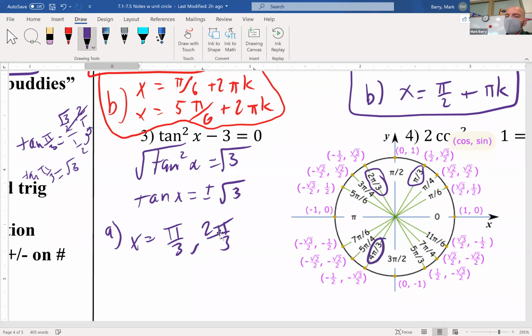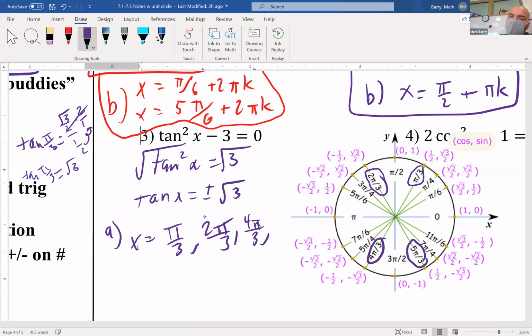If I go down to the third quadrant, 4 pi over 3, you can see is negative 1/2, negative rad 3 over 2. It would create that same fraction that I did for pi over 3, except they'd both be negative. So that one would actually come out to a positive rad 3, which is acceptable to me in the plus or minus. And then I hope that you can guess what's going to be our answer in the fourth quadrant now. We had pi over 3 in the first quadrant, 2 pi over 3 in the second quadrant, 4 pi over 3 in the third quadrant.